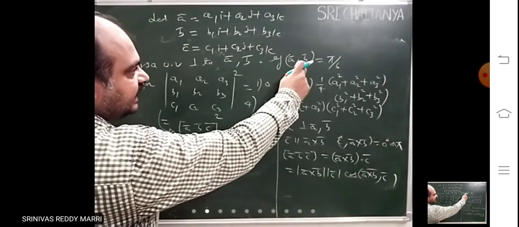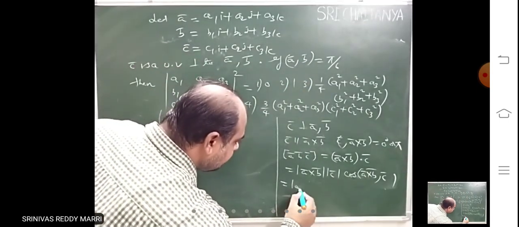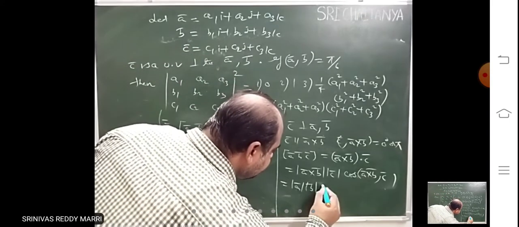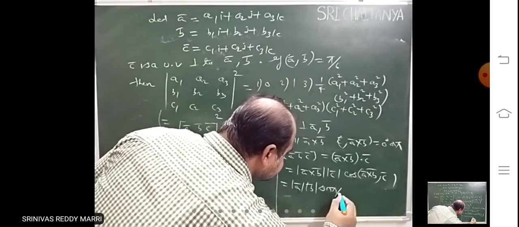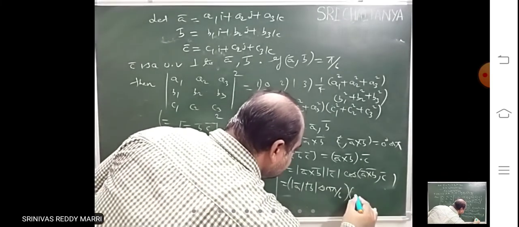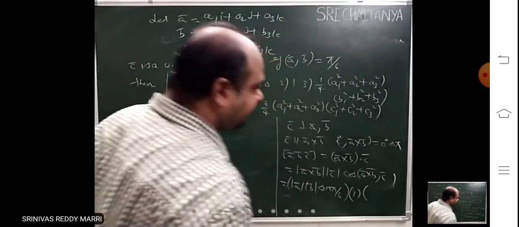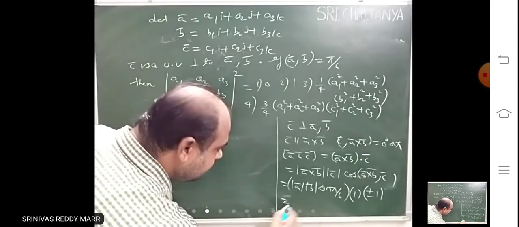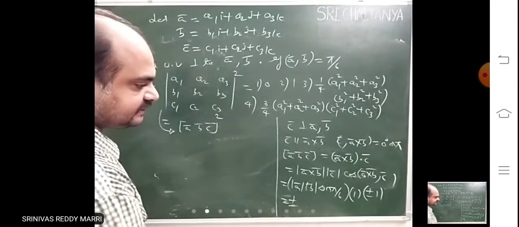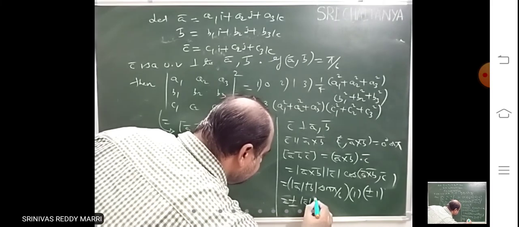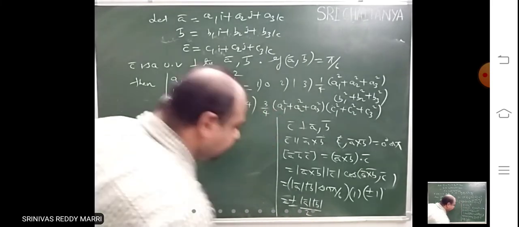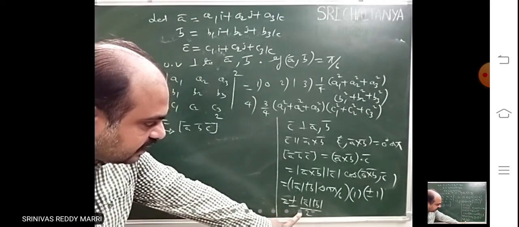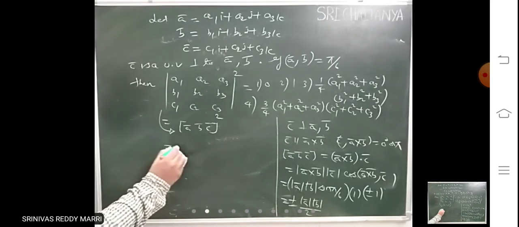Now the angle between A bar and B bar is given. This is modulus A bar into modulus B bar into sin 30, into modulus C bar is 1, and 0 or 180 means plus or minus 1. That means this is plus or minus modulus A bar into modulus B bar divided by 2.